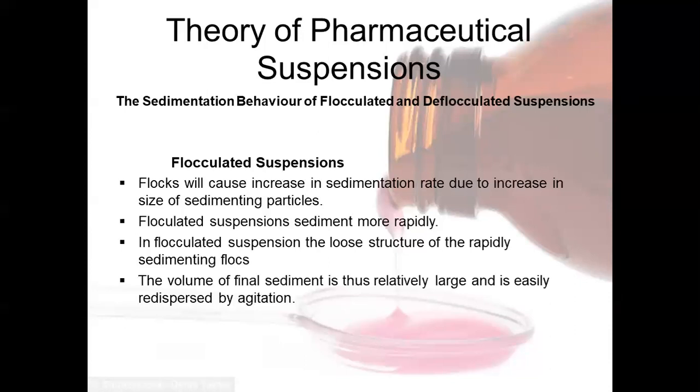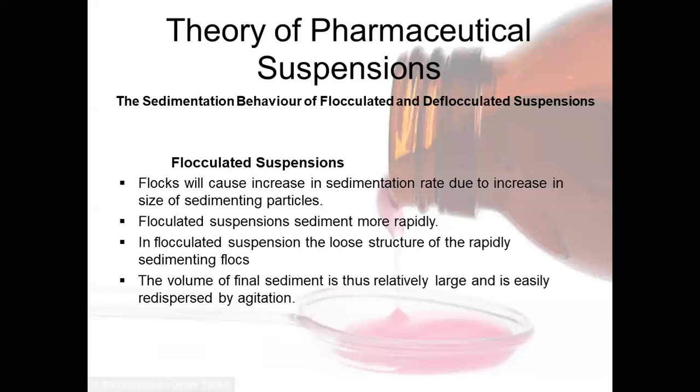For deflocculated systems, the sediment is closely packed and forms a hard cake. For flocculated systems, the sediment is loosely packed, a network, and a hard cake cannot form. For deflocculated, as the hard cake is formed, it can't be redispersed. But for flocculated systems, the sediment is easy to redisperse by mechanical shaking.